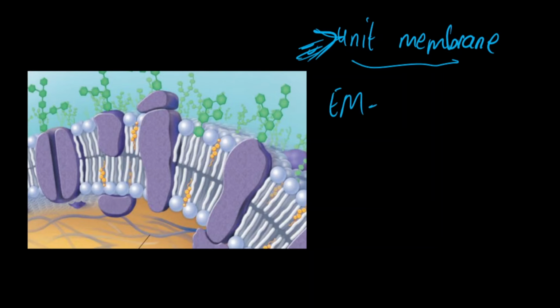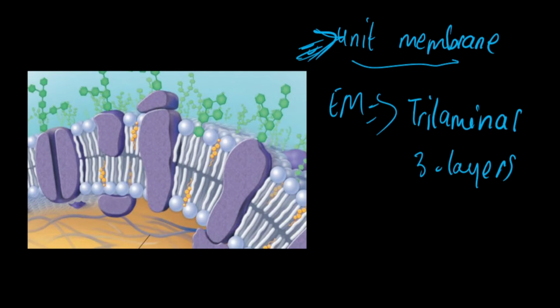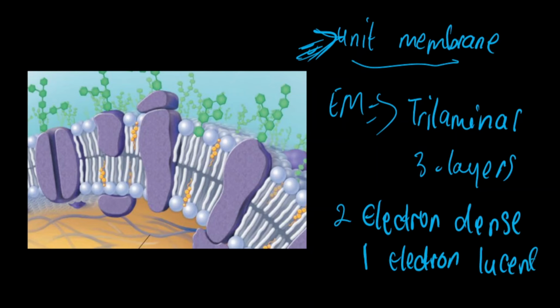Now, under the electron microscope, the cell membrane, which we also call the plasma membrane, appears to be trilaminar. Fancy term, it means that the cell membrane appears to have 3 layers under the electron microscope, and of course this is because the electron microscope has a higher resolution. It has 2 electron dense layers and 1 electron lucent layer.